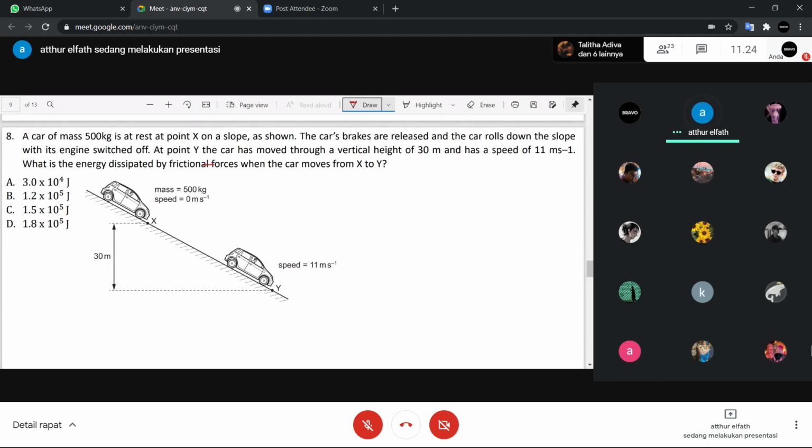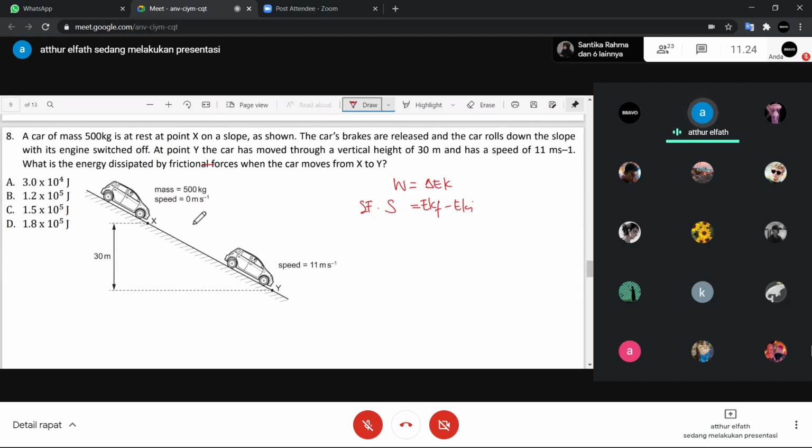Okay, we use the same formula. Work equals the change of kinetic energy, and change means final minus initial. The work is the sum of forces acting on this car times the distance.